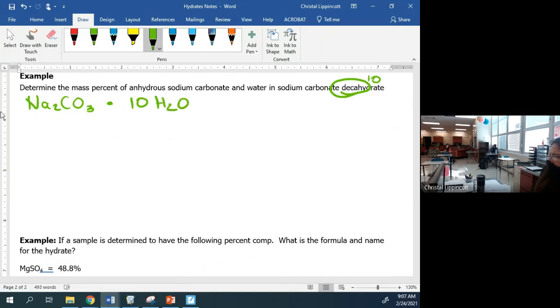So they want to know the mass percent of the sodium carbonate. So how much is this? This is your part compared to your whole. So part over whole. Figure out what the percent is. So figure out the mass of this off the periodic table and divide it by the mass of this whole thing.